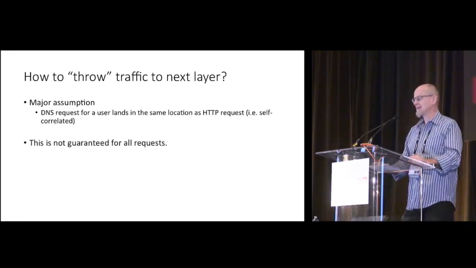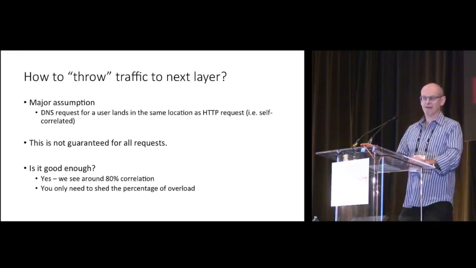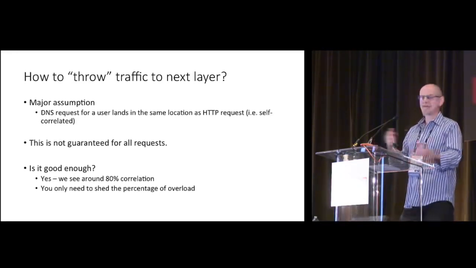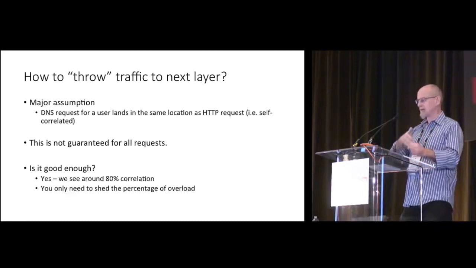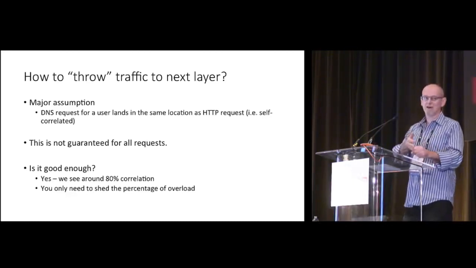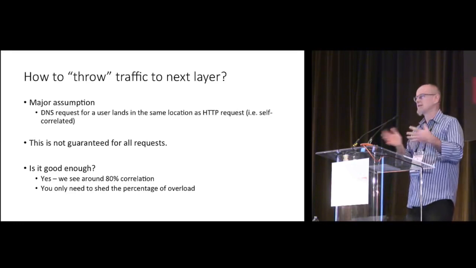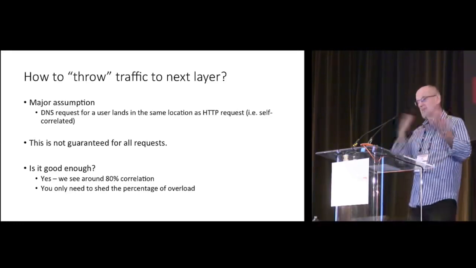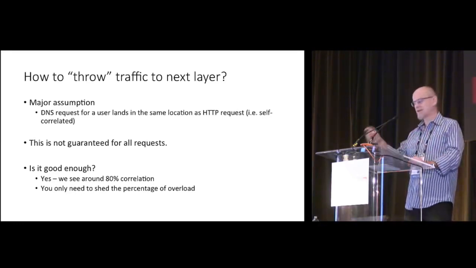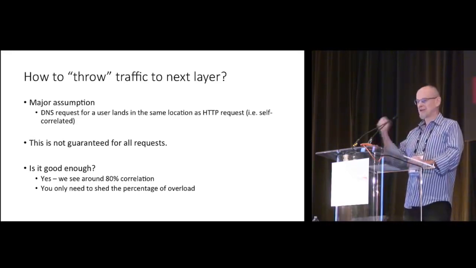The answer is, although it's not guaranteed, it is good enough. So we see, when we scrape through the data, there's about an 80% correlation between where the DNS request lands and where the HTTP request lands. And there are some outliers based on ISP configuration. But in general, it's that. And the good news is, you only need to shed the percentage of traffic that you're overloaded.